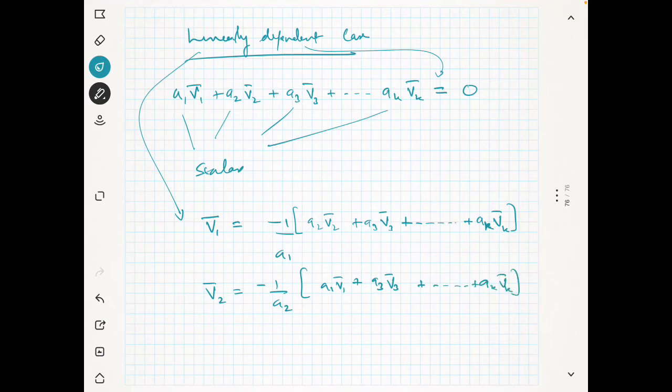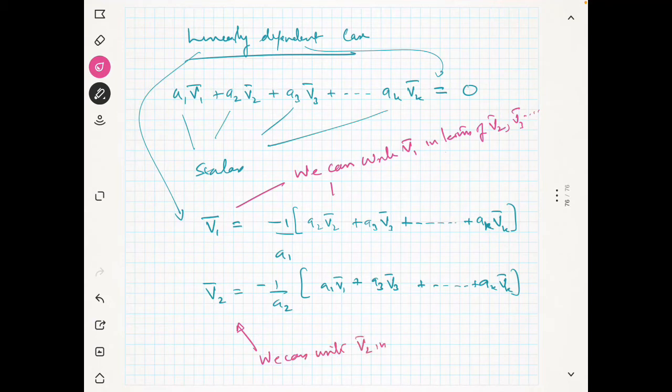So if the vectors are linearly dependent, I can write one vector in terms of the others. That's the importance. That means we can write v1 in terms of v2, v3, etc. Similarly, we can write v2 in terms of v1, v3, etc., vk, like this.